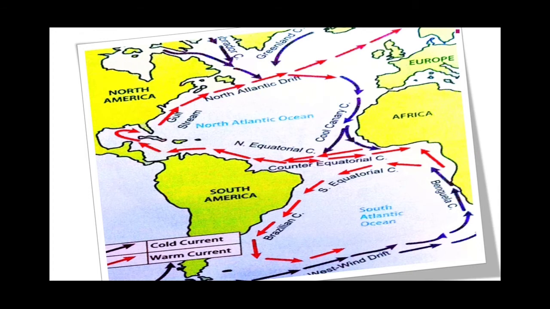The foggy conditions around Newfoundland are very dangerous for the navigation of ships. So this is how the Gulf Stream, when it meets the Labrador current, has a great influence on the coastal area, and the most affected part is Newfoundland. So students, this is about the Gulf Stream.